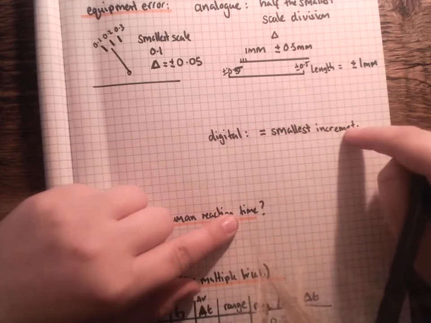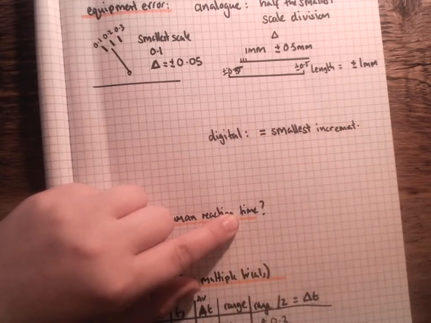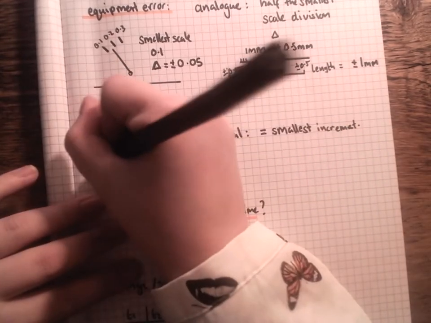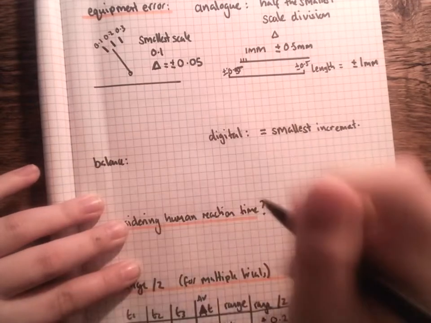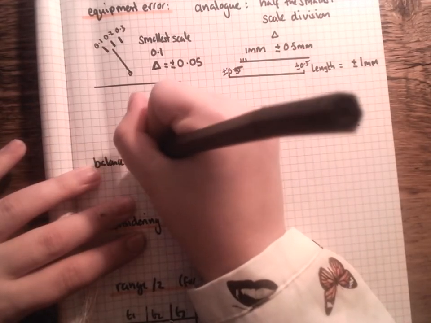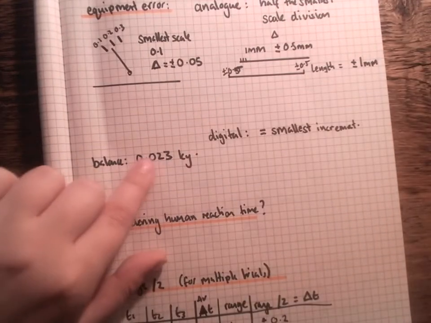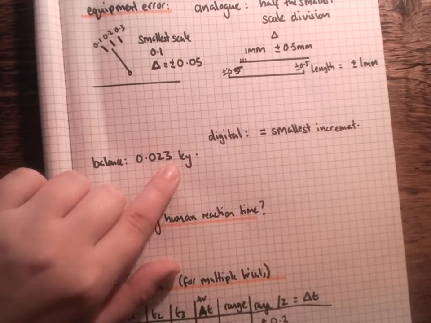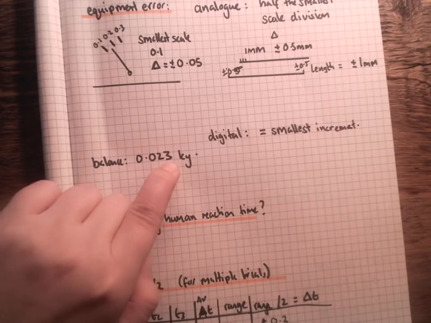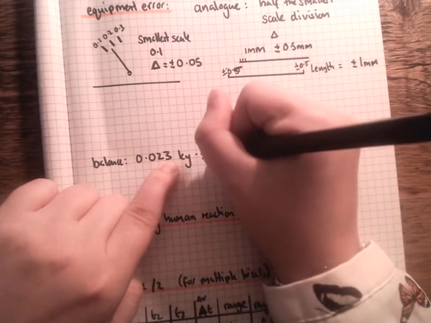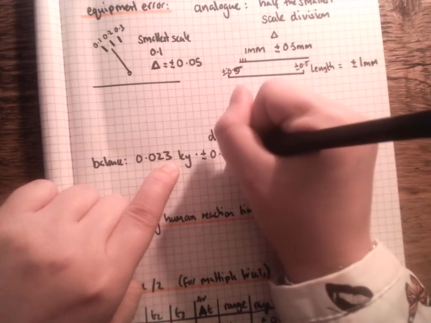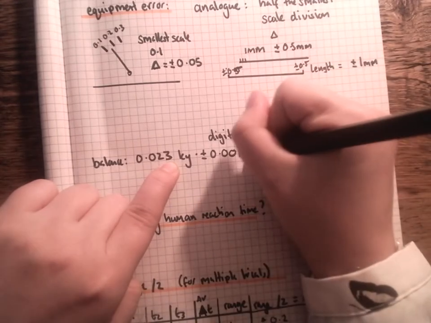For digital, it's basically the smallest increment. So for example, let's say you're using a balance, and on your balance it says that it is 0.023 kilograms. Okay, in this case, that 3, that's the smallest increment we can have. That means I have a plus or minus of 0.001 kilograms.